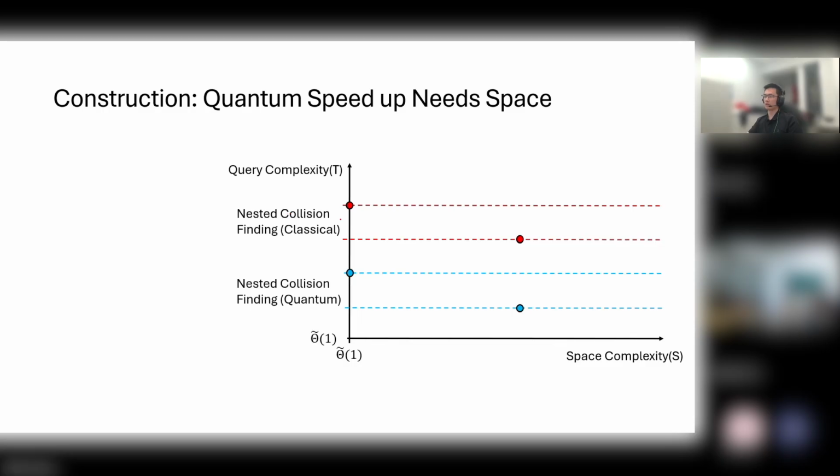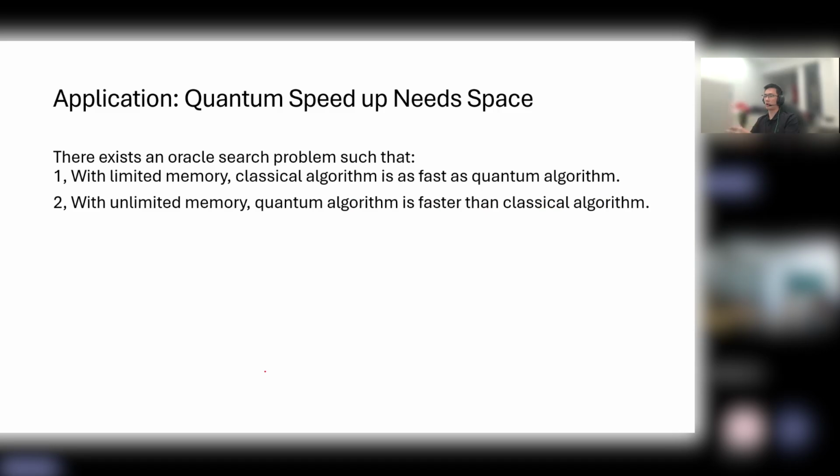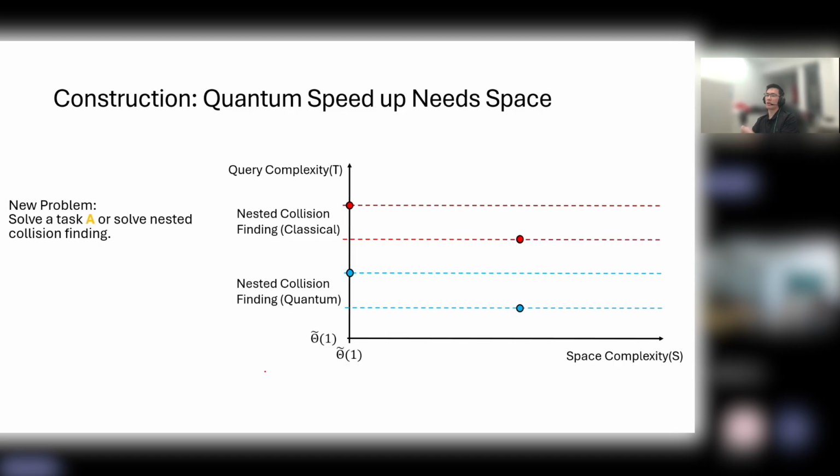Let's write down some points on the space-time diagram. These two red points are classical algorithms for nested collision finding. With limited memory, the classical algorithm is worse than the classical algorithm with unlimited memory. And these two blue points are for quantum algorithms. We want to construct a problem that satisfies speed-up needs space. This problem is called solve A or solve nested collision finding.